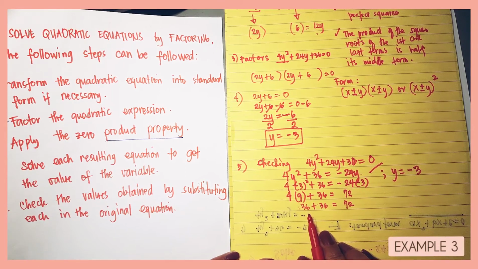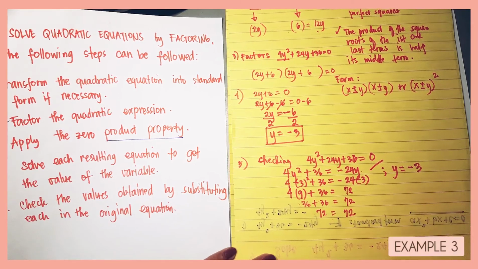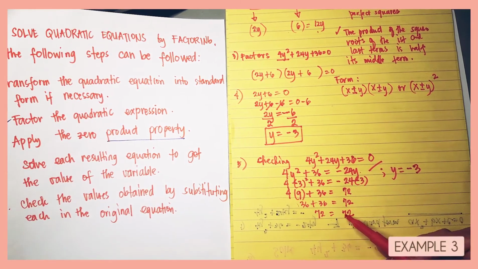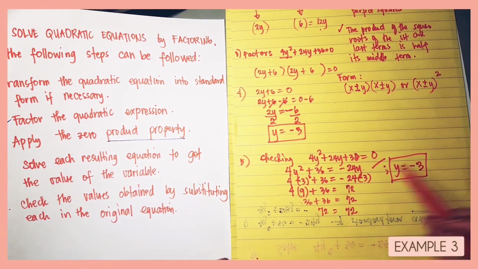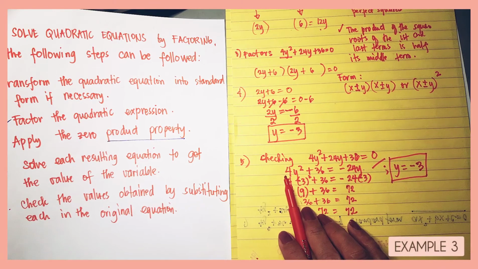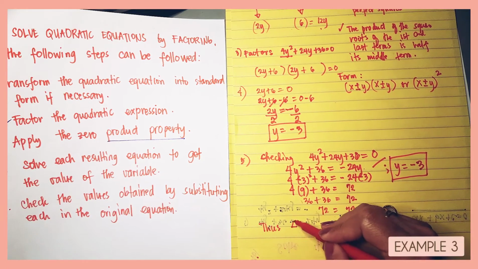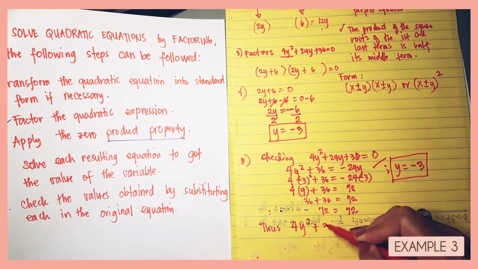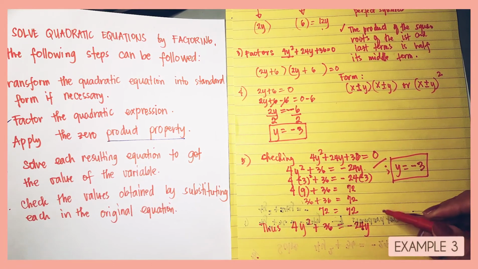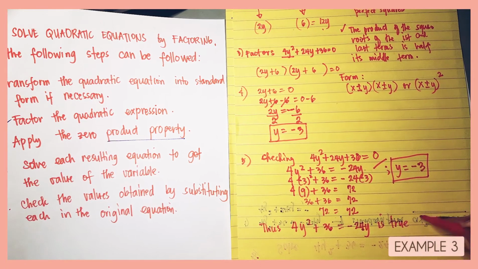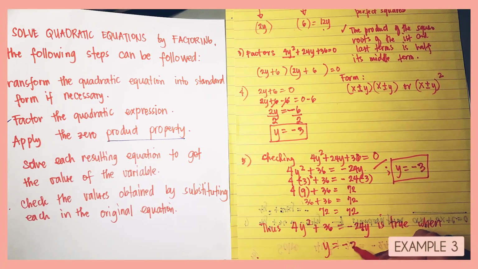When you add 36 plus 36, this is 72, and it is also 72. So in short, the value of our y, which is negative 3, satisfies the given equation. Thus, the equation 4y squared plus 36 equals negative 24y is true when your y is equal to negative 3.